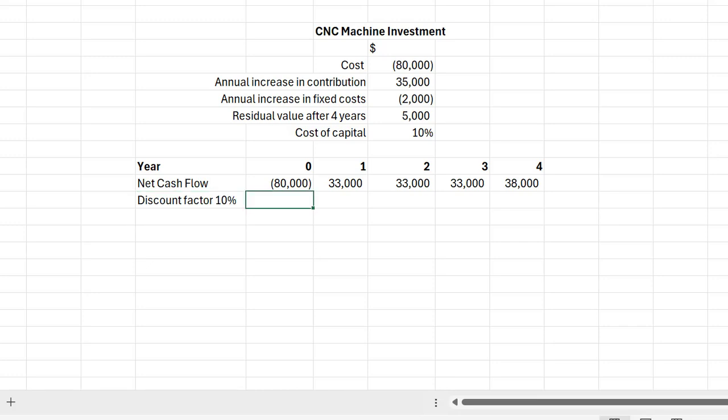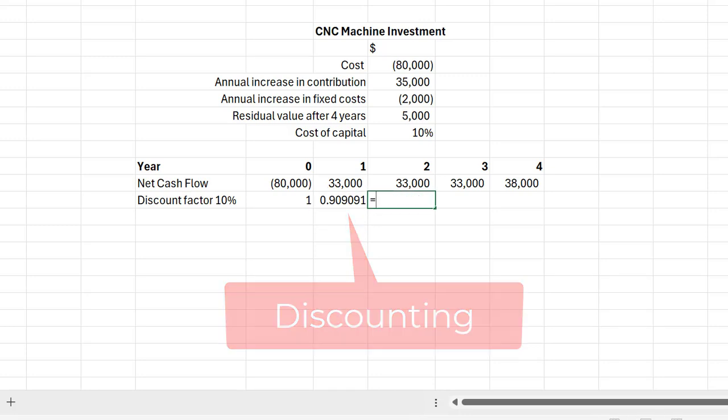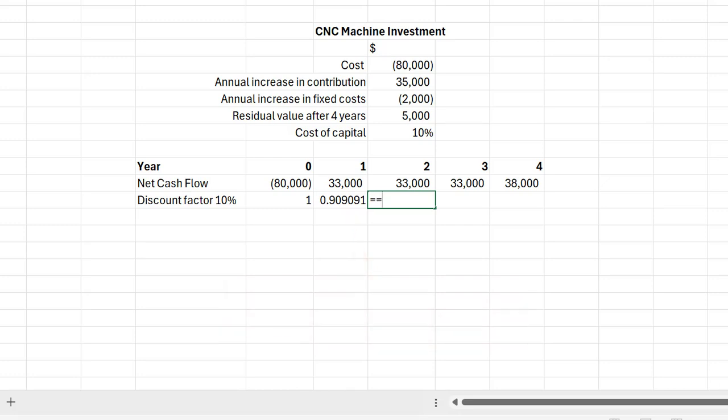So I can ask the question, the value of $1 today is simply $1. But if you were to make me wait 1 year, it would be equal to the 1 divided by 1.1. There's that 909.